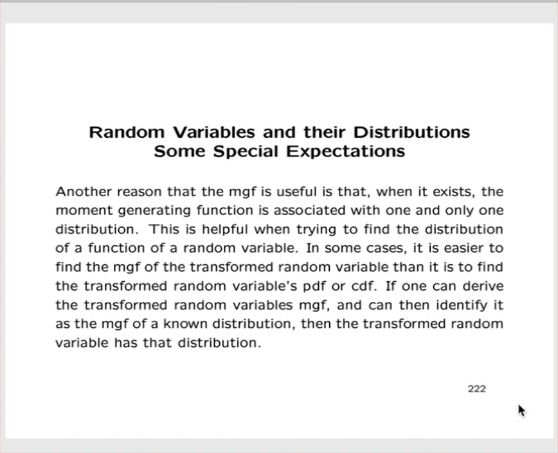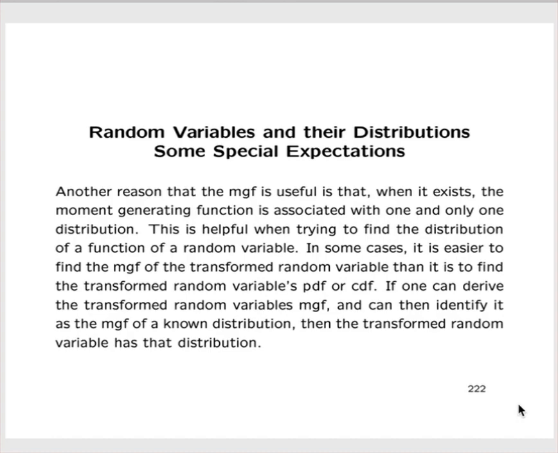So this is a very important topic, and as it turns out, one of the techniques for finding the distribution of a function of a random variable is to try to find the moment generating function for that transformed random variable. If we can do that, and if we can recognize the resulting moment generating function as being the one associated with some distribution, then we can conclude that the transformed random variable has that particular distribution.